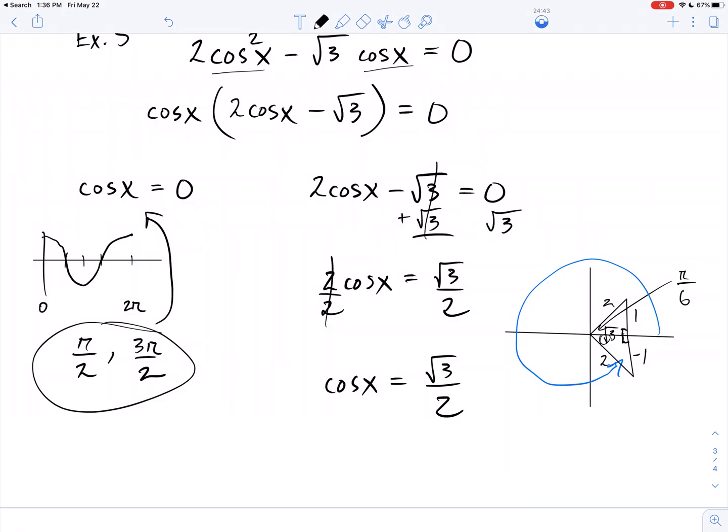That's how big it is. So remember, I'm trying to go all the way around from 0 to 2 pi. So I would say 2 pi take away this little sliver, well, that's the same as 11 pi sixths.